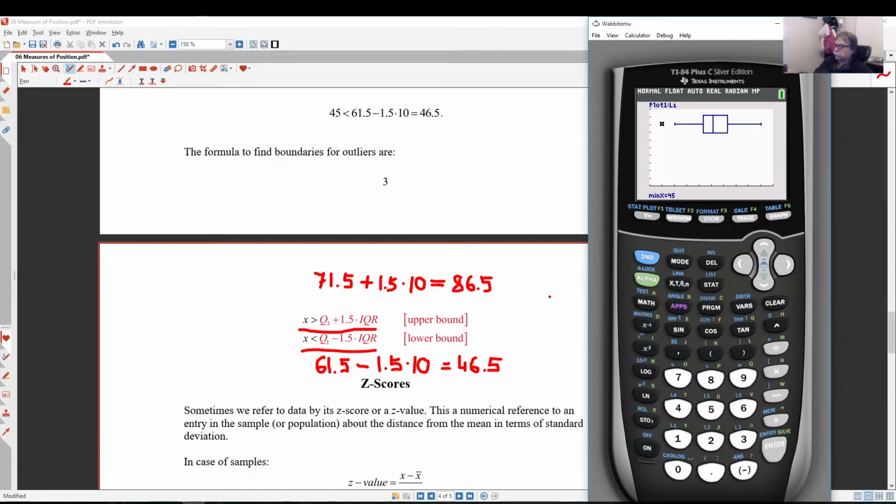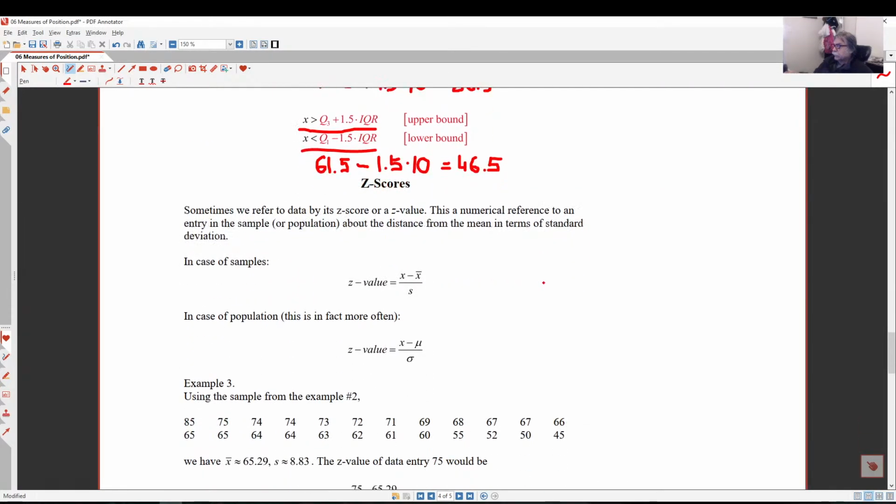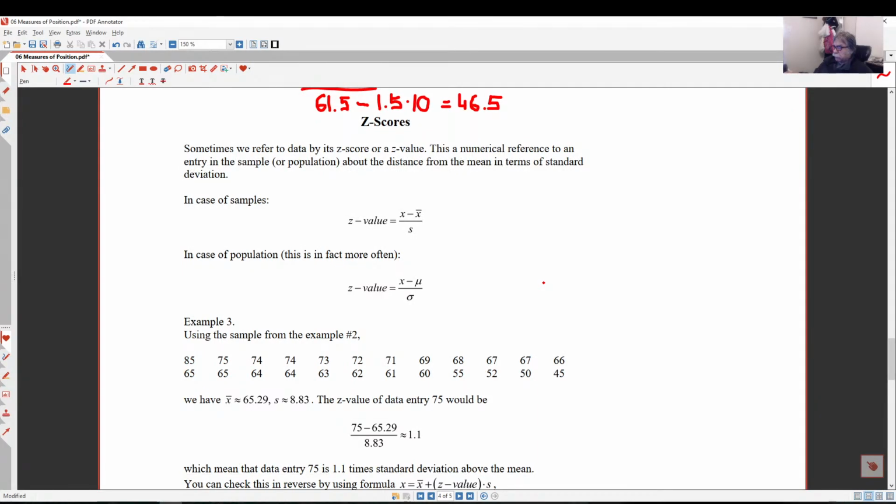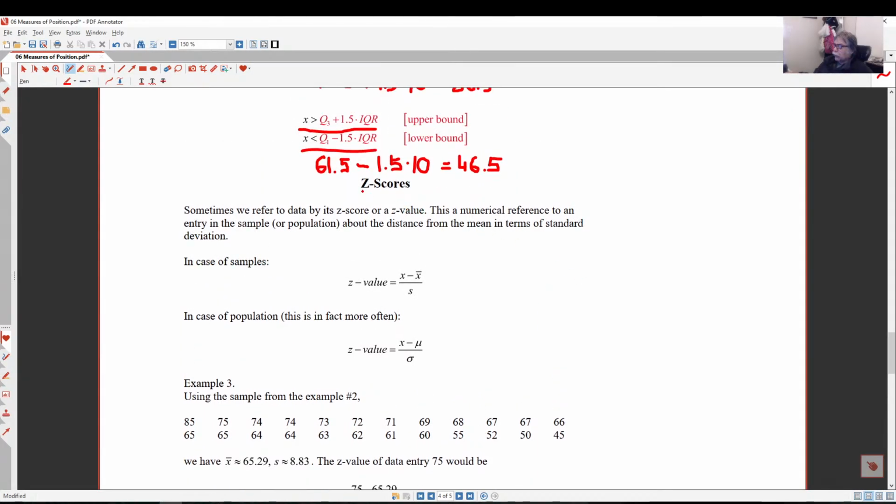Okay, the next thing I want to talk about is another measure of position, which we call a z-score. Now a z-score can be calculated both for a sample and a population.